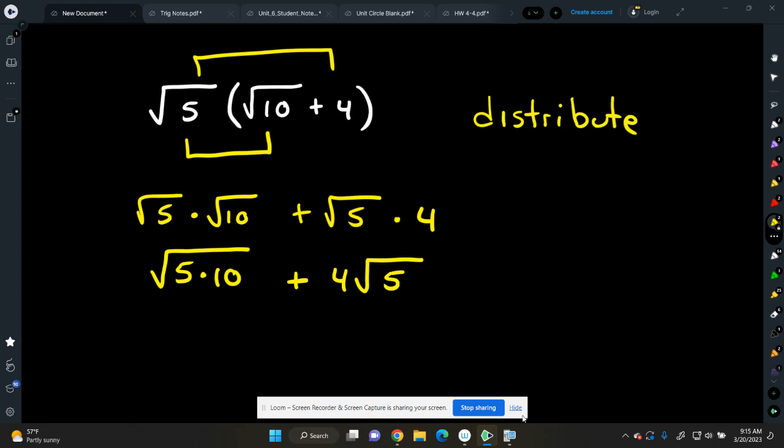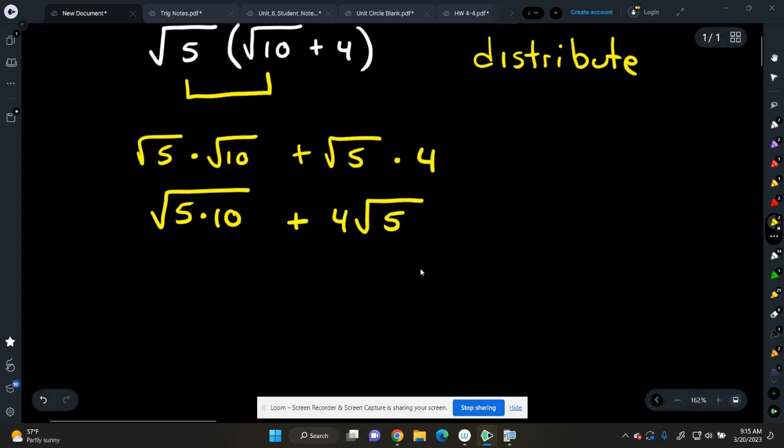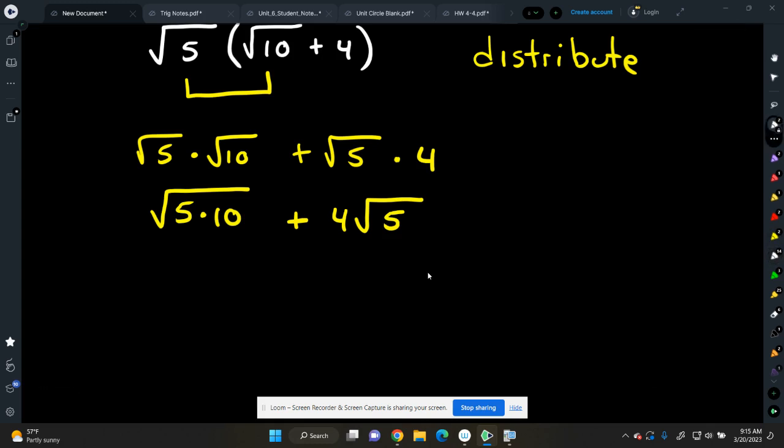Okay, so now let's simplify this square root of 5 times 10. This is why I like my train, because the train works for everything. The nice thing here is I don't have to multiply the 10 out. I'm going to factor that 10 as 5 times 2.